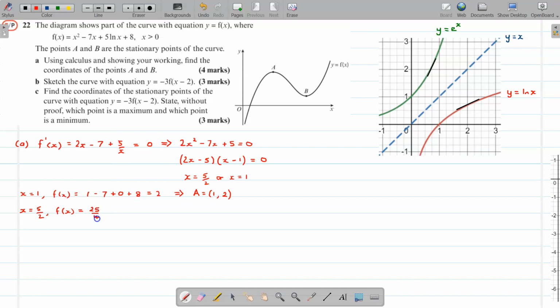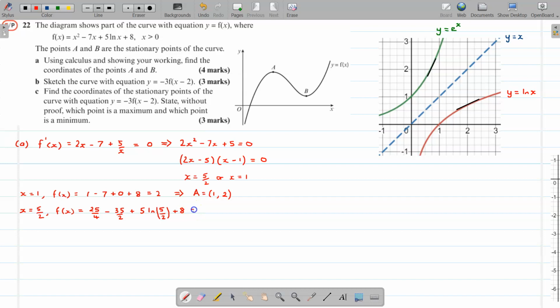We've got to subtract from that 7 lots of 5 over 2, which is 35 over 2. We've got to add to that 5 lots of the log of 5 over 2. And we've also got to add 8 on.